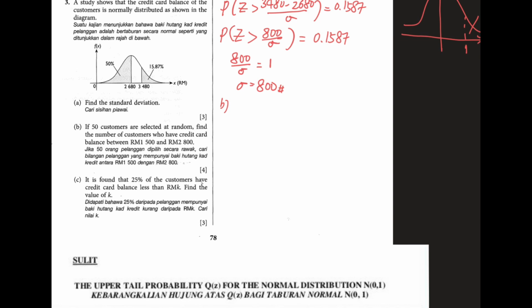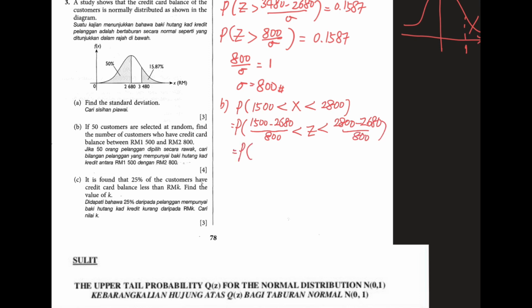Now we look at part B. We have done part A. Part B: if 50 customers are selected at random, find the number of customers who have credit card balance between 2005 and 2008. So we find the probability first. To find the probability, we change it to z-score: minus mean over standard deviation 800. 2800 minus mean over standard deviation of 800.